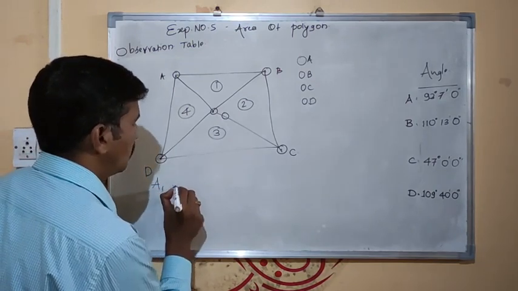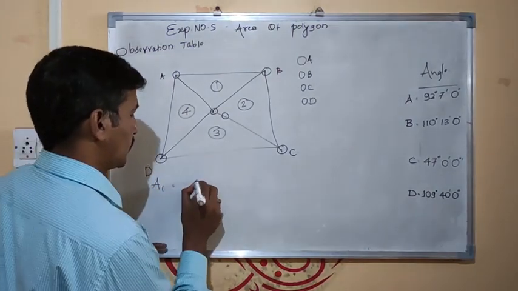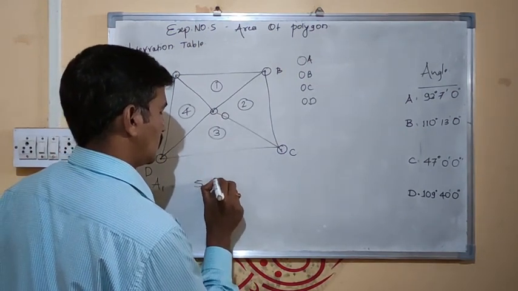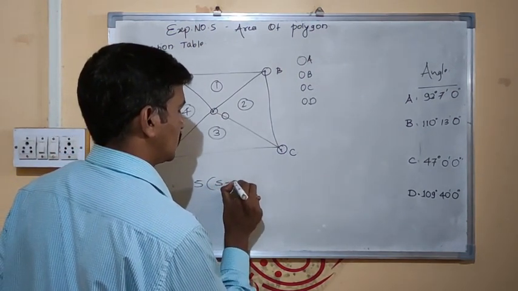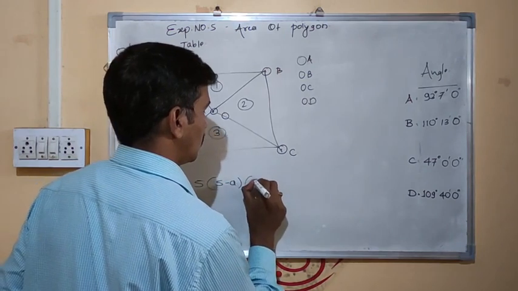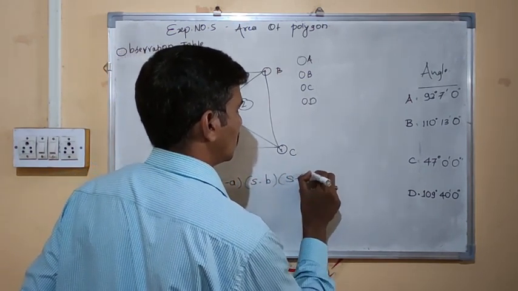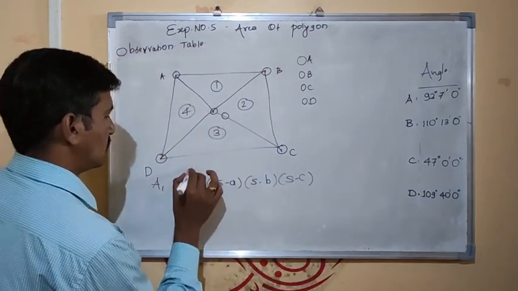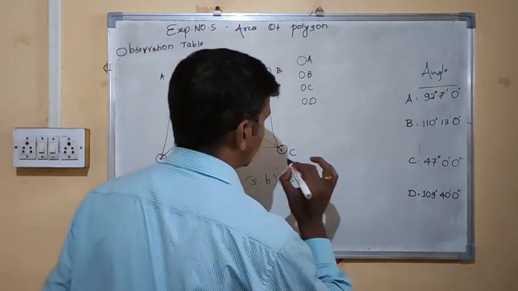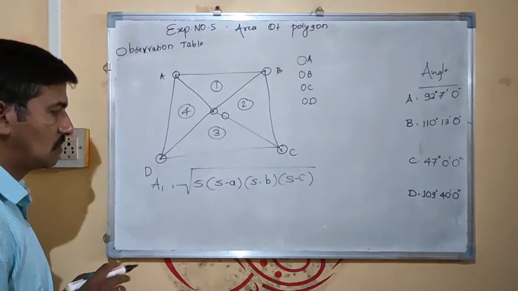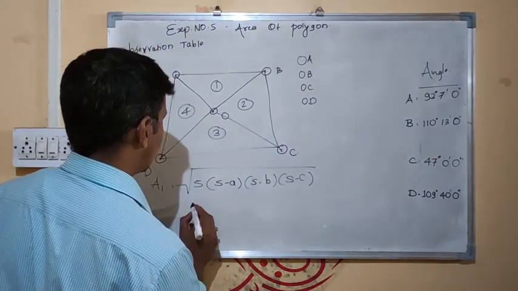Now to find out the area of the first triangle, area A will be equal to the square root of S into (S minus A) into (S minus B) into (S minus C). What is S, second year?